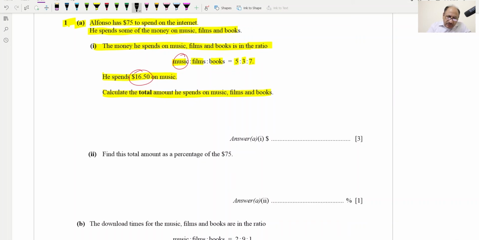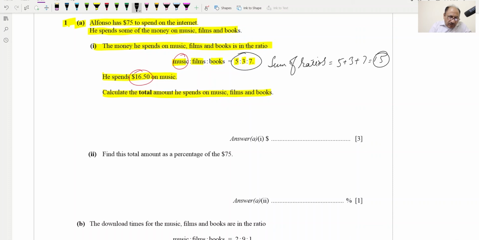So we will be checking for the sum of ratios. The sum of ratios will be equal to 5 plus 3 plus 7, and this will be 15.